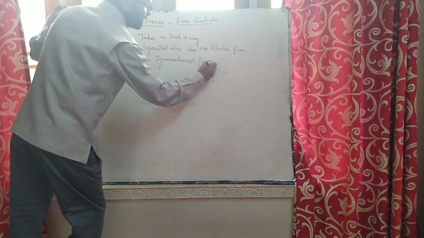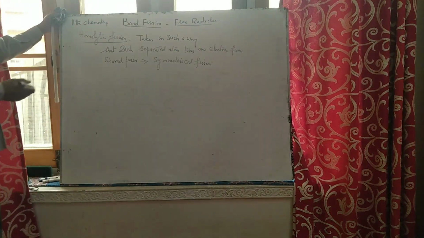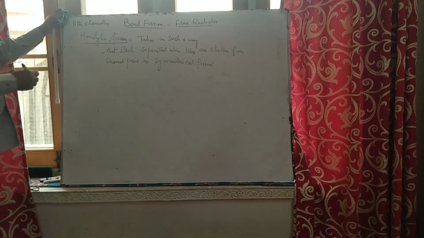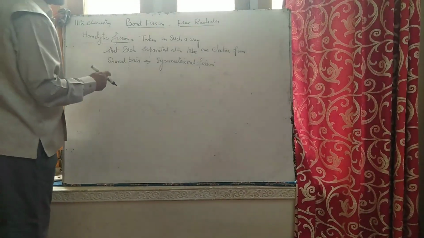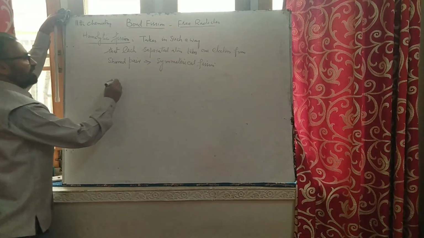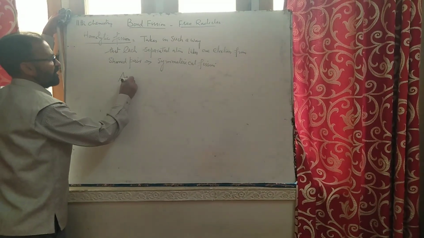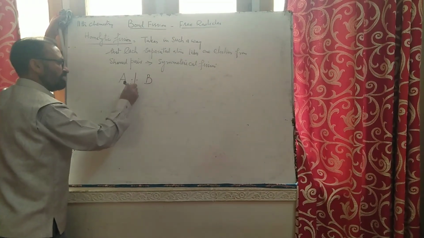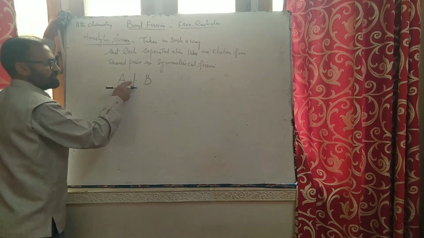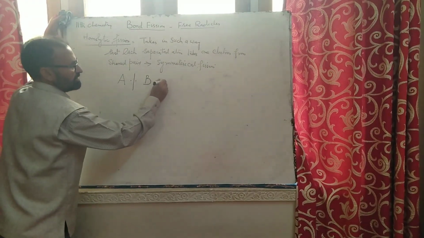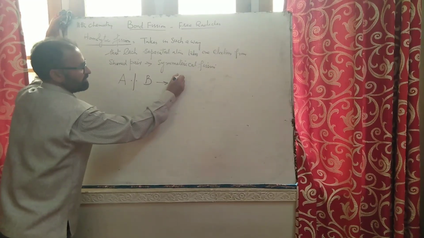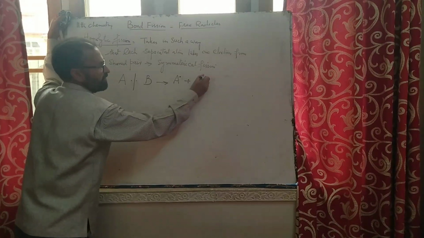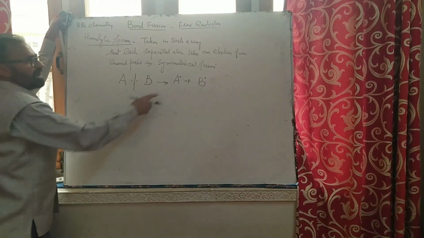When the two atoms separate, each atom takes one electron from the bond pair. I will show it here, a bond between A and B. So when the cleavage takes place, A takes one electron, plus B having one electron from the shared pair. So this is the homolytic fission.